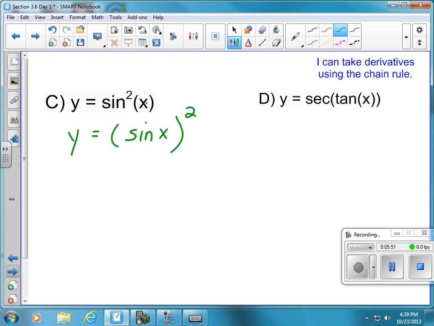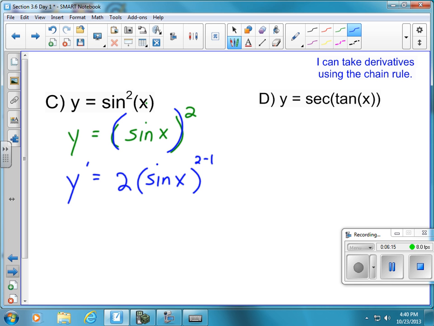So our outside function is actually the something squared. We're going to take the derivative using the power rule first. We bring the 2 to the front, keep the sine in the parentheses, and then subtract 1 from the power, so that just gives us to the first power.